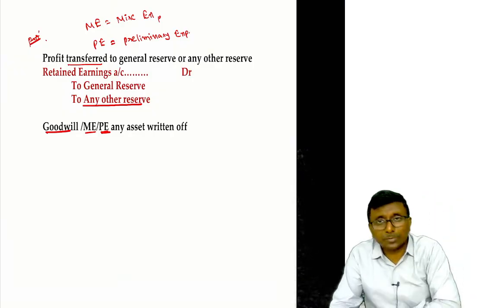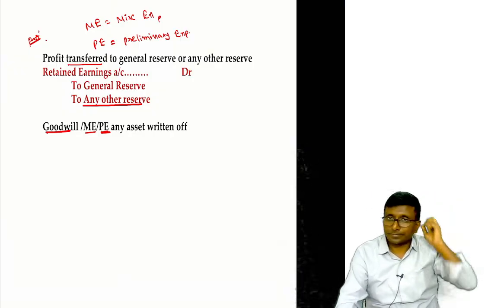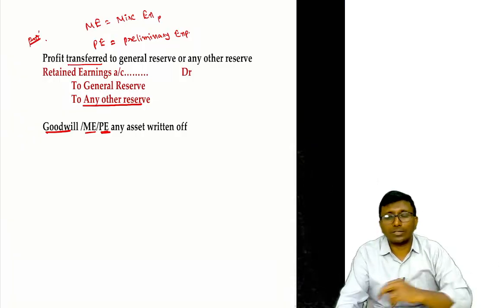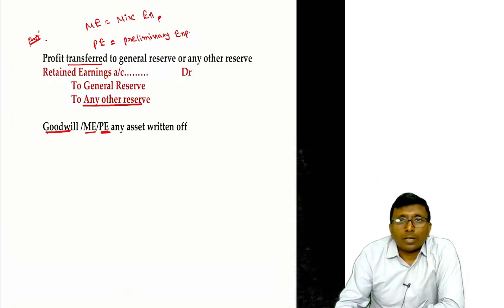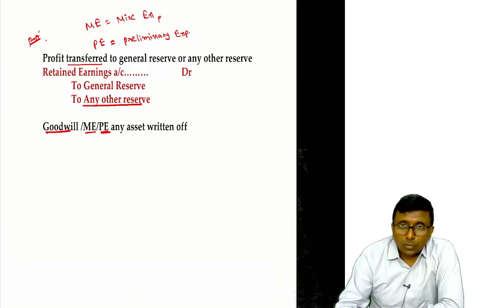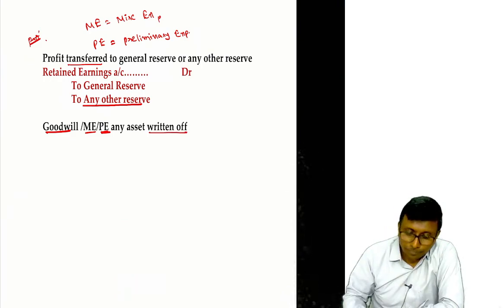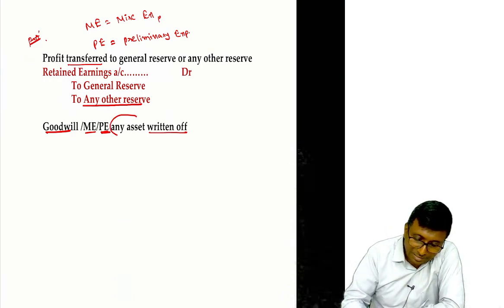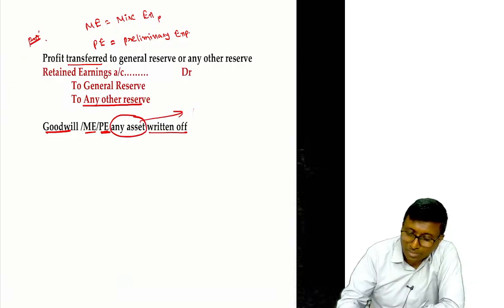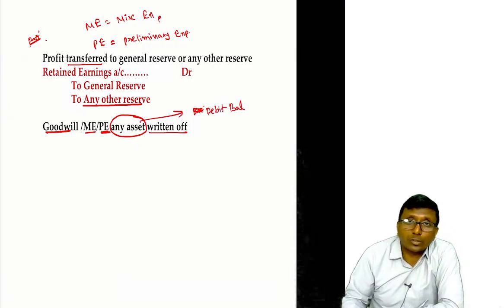Actually, preliminary expenditure should not be there in the balance sheet. Suppose it is there and you want to write off. Write off means remove from the books of account. Or any other asset. Asset shows a debit balance.